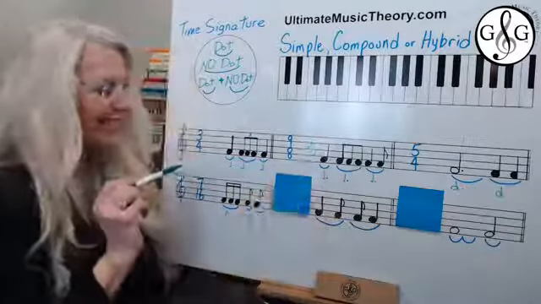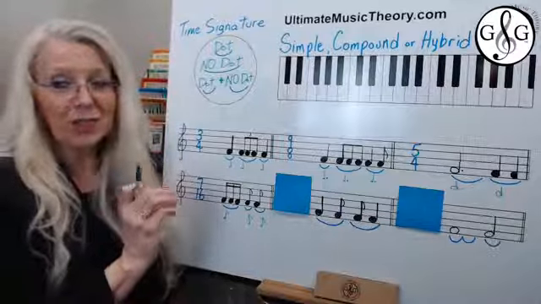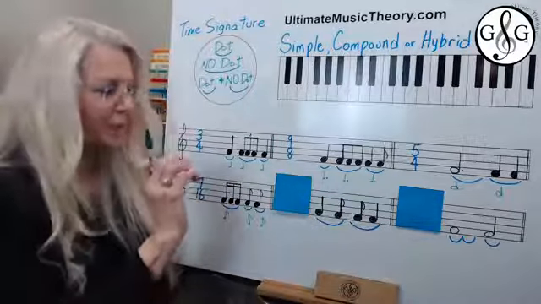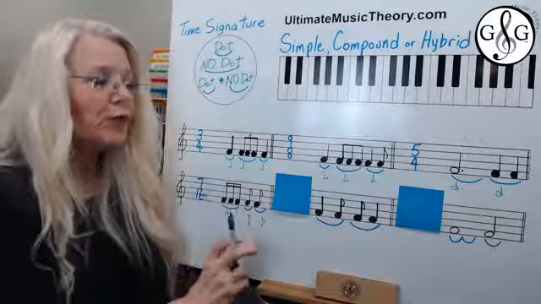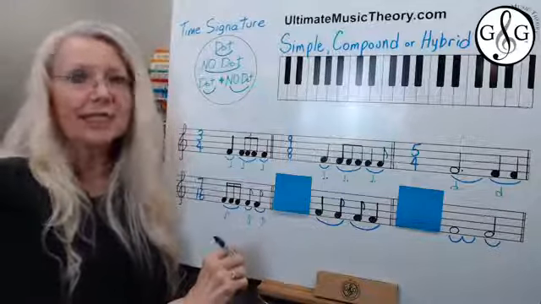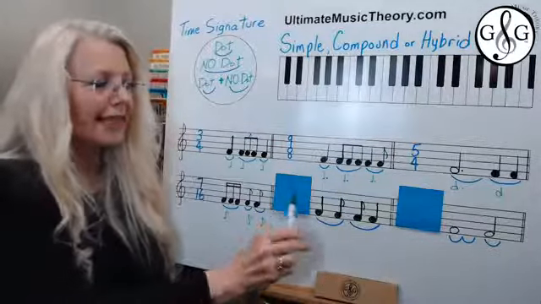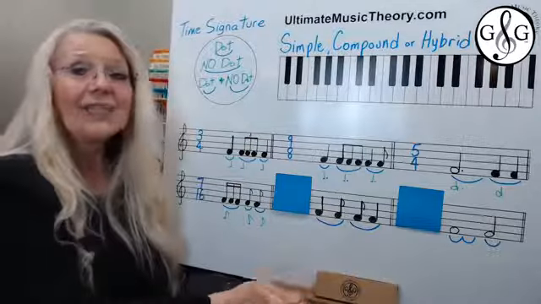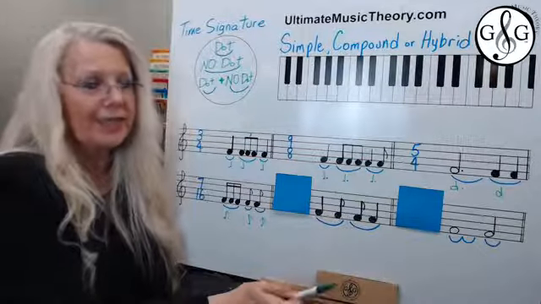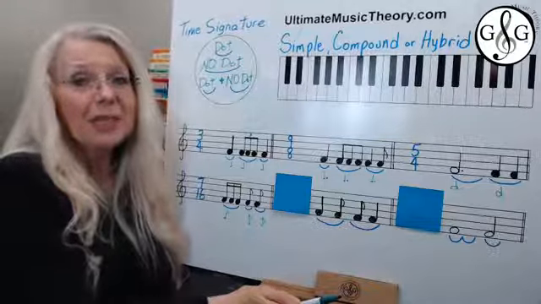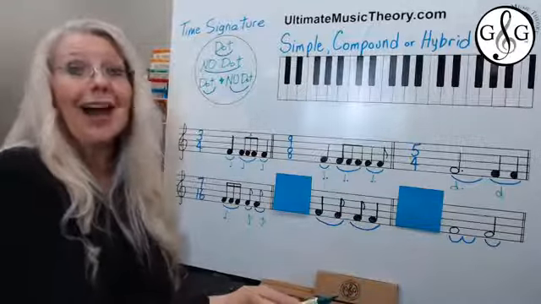Okay, so now we're moving on to our next one. Are you ready? When we're looking at time signatures, sometimes it can get really confusing. If we're looking at this measure in particular, this is often where students struggle because they say, well, why can't it be this way? The famous question, why?